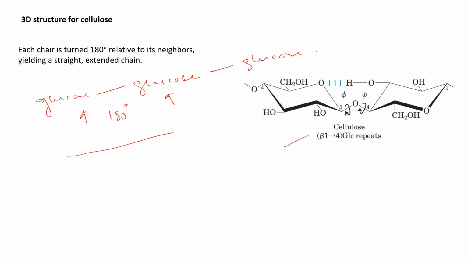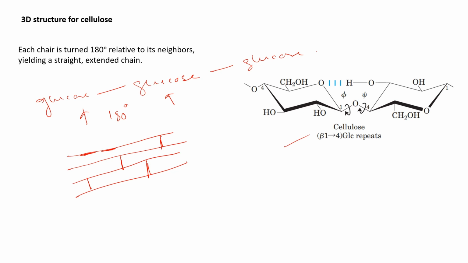Now, several chains are present, where one glucose unit is turned 180 degrees with respect to the next glucose unit so that it can form hydrogen bonds between the sugar units in a single chain and also between the sugar units of the next chain. Correct?